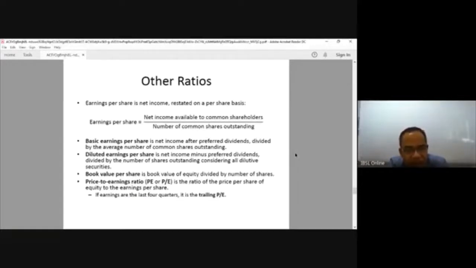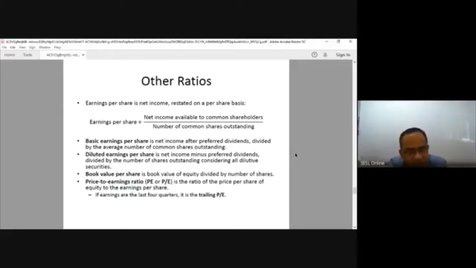Earning per share is normally the net income available to common shareholders. In a quoted company's accounts, you will find net income available for common shareholders, after minority interest and the like are deducted.